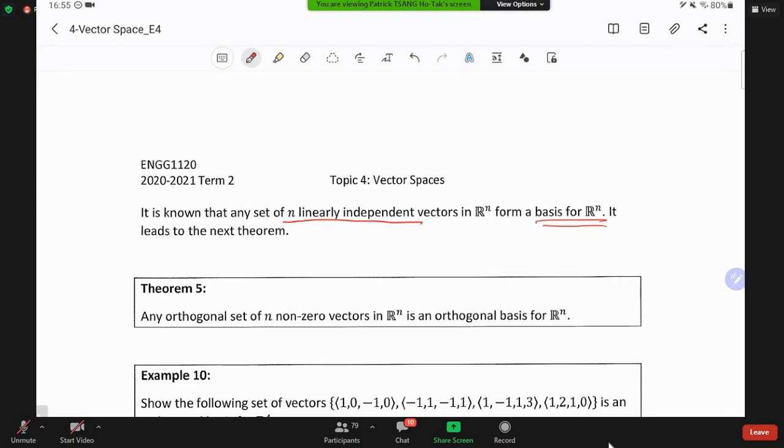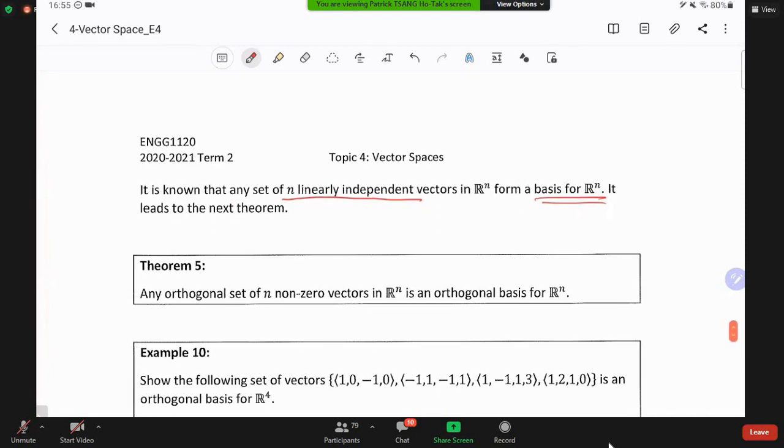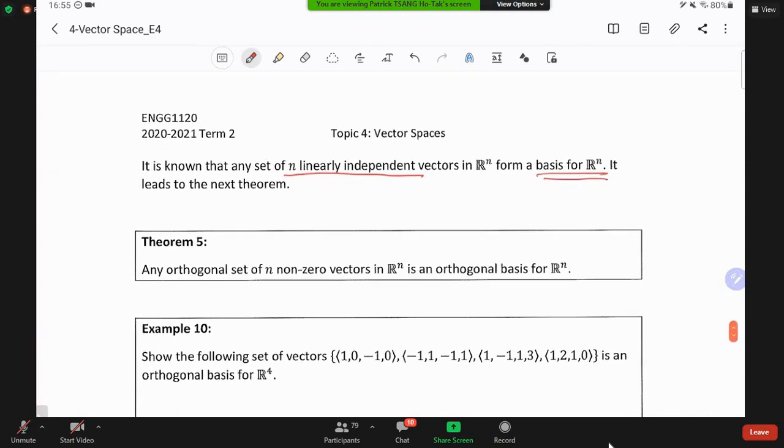It is already known and discussed in the subsection of the basis, right? For Rn space, if we can find n linearly independent vectors, then this set will be enough to be called a basis for the Rn space, right? And now I would like to borrow this idea and some terminology from before to form the next theorem, theorem 5.